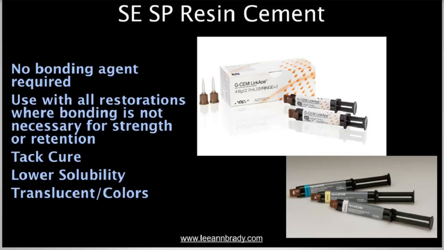Now, one of the things that's very easy about that is all of these instructions live on the web. And so if you're not 100% familiar with the rules or the recommendations from a manufacturer for a specific material that you're using, you can go right to the website. And so, I do this on the GC America site all the time. I'll just click in, I'll just drop down under products, you hit cement.